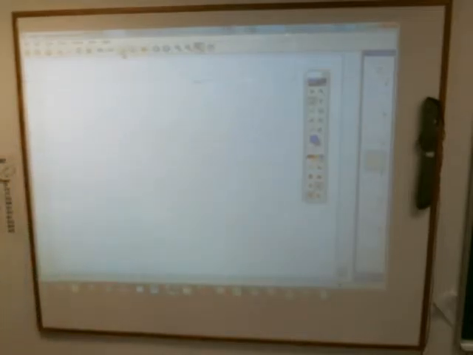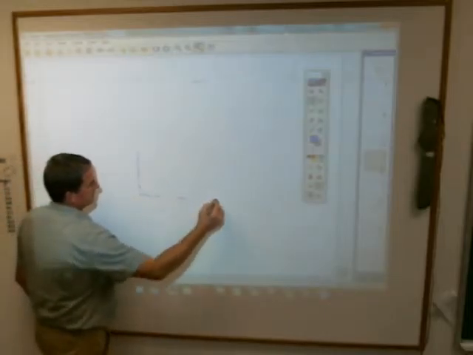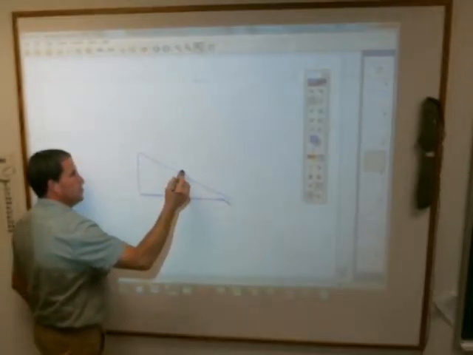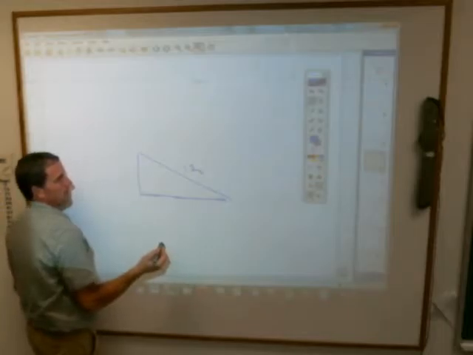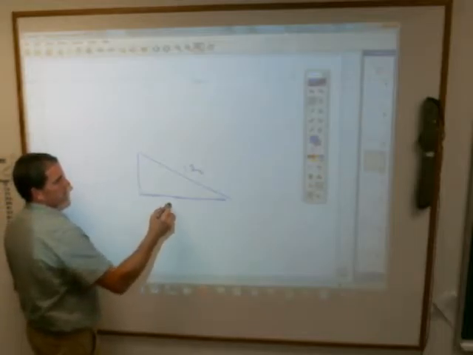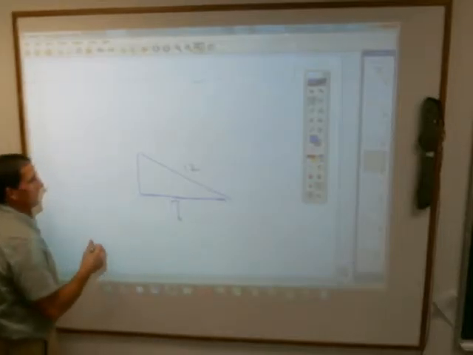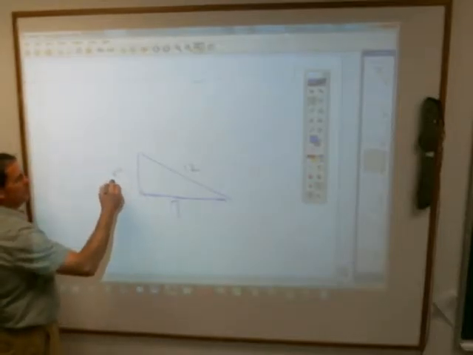Let me give you one more to try. So here's my triangle. Let's say I've got a right triangle, and let's say this is 12, and this is 7. I want you right now to tell me what this side will be.